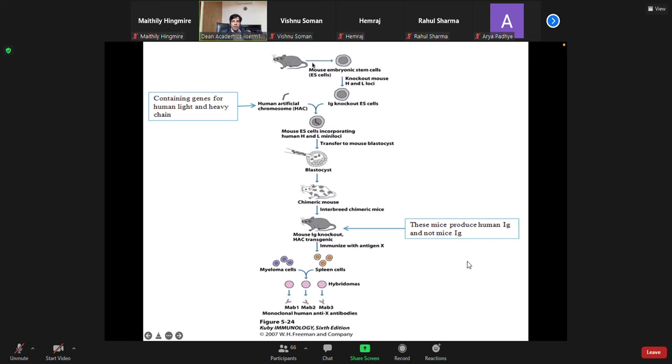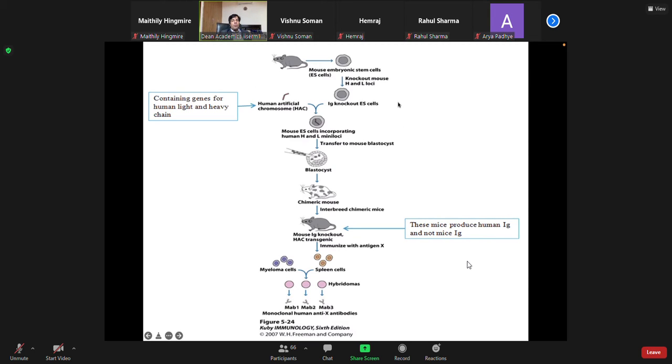For example, how to make this chimeric antibody, or monoclonal human antibody, whatever the antigen antibody. For this also, you can use a mouse, but eventually the antibody that will be produced will be of human origin. And how this is achieved is through this process.